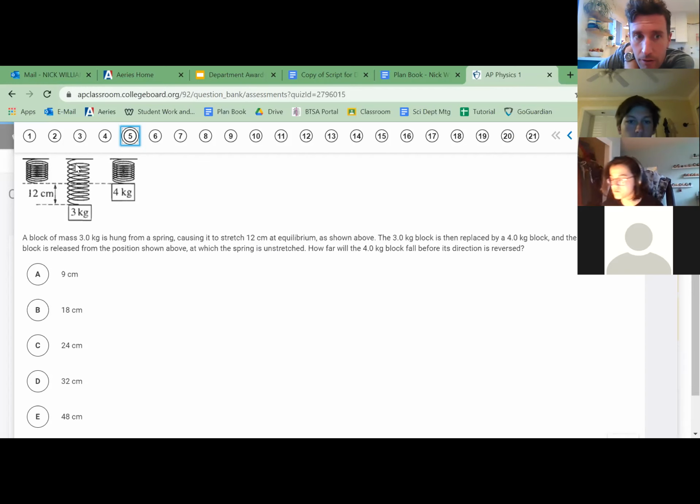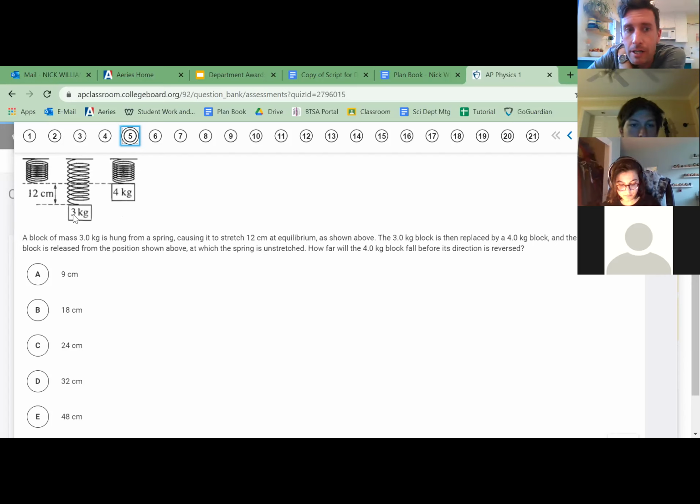12 centimeters is with a 3 kilogram mass, which creates a force of, let's say, 30 newtons, multiplying by 10 meters per second squared. 4 kilograms, because I know that the spring is a consistent spring, and F equals KD, the spring constant is the same on the spring.